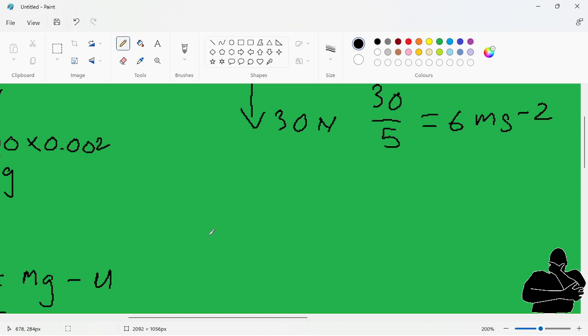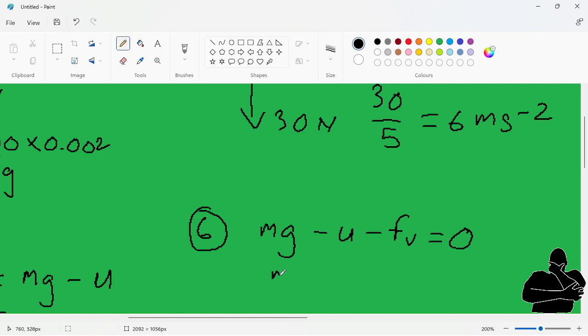The last thing it wants us to calculate is the terminal velocity of the rock. At terminal velocity, the net force acting on the object is indeed 0. So we can write back the forces that were acting on the object, which were its weight, the upthrust, and the viscous force. And that would be equivalent to 0 at terminal velocity.